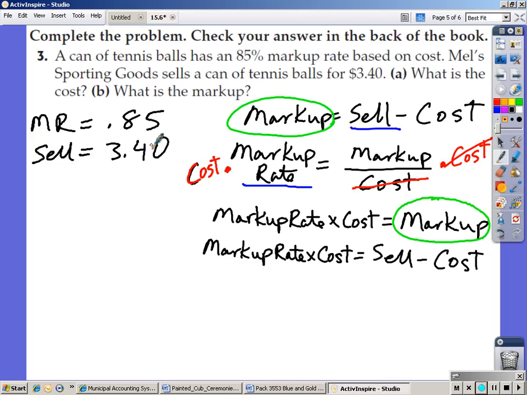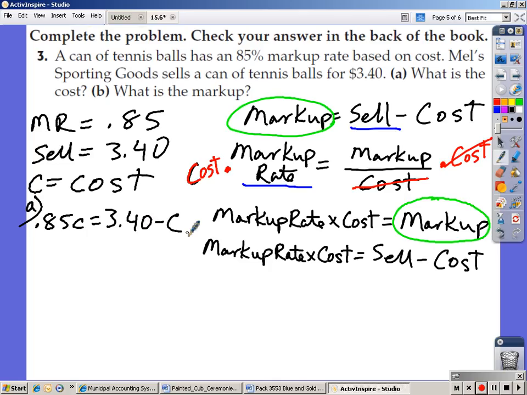Now remember, we use this formula right here, this bottom one that we determined: markup rate times cost. We're going to let C equal cost. So 0.85C, and this is part A. 0.85C equals 3.40 minus C. Add C to both sides, and it's a 1C again.